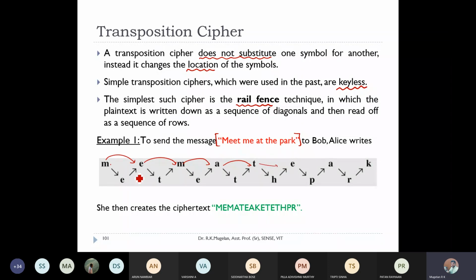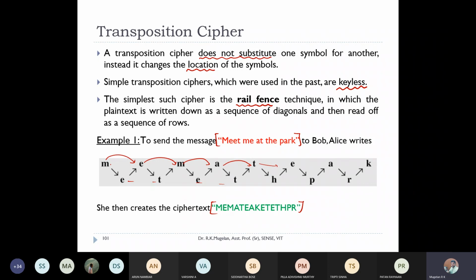Then after that they write E T E T H P. They have not replaced any character with any other character, but only changed the position of the plain text. This is called a transposition cipher.